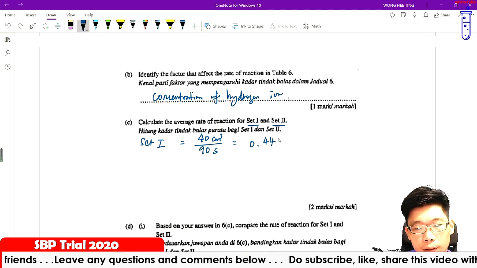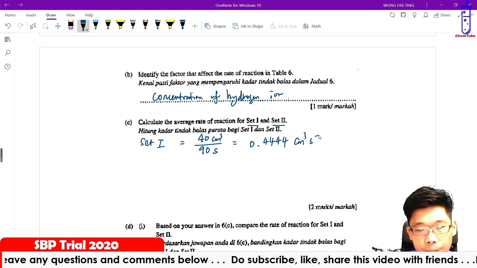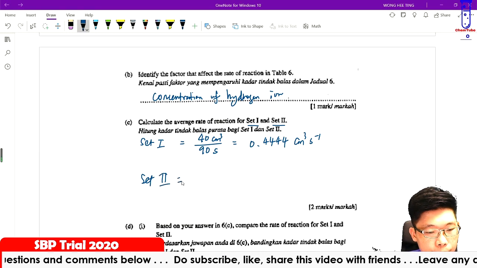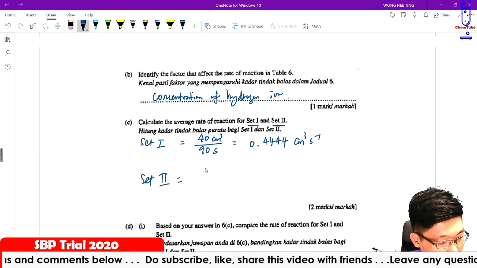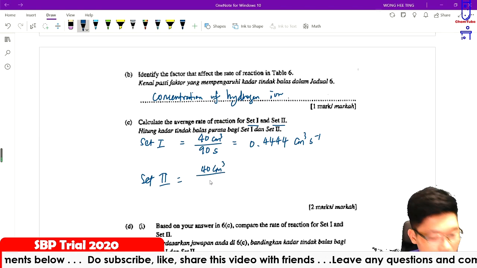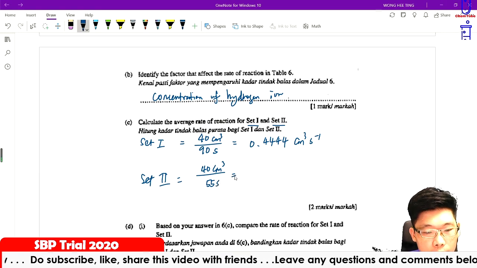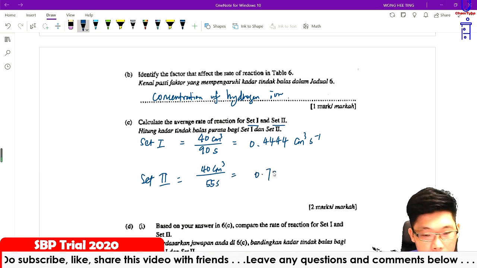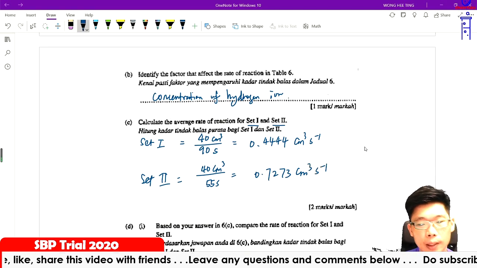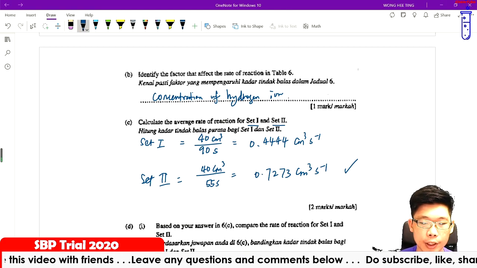You can round to 4 decimal places. And for set 2, the volume is also 40 cubic centimeter, but the time taken is 55 seconds. So use your calculator, you get 0.7273 cubic centimeter per second. So if we compare, this one will have the higher rate of reaction.